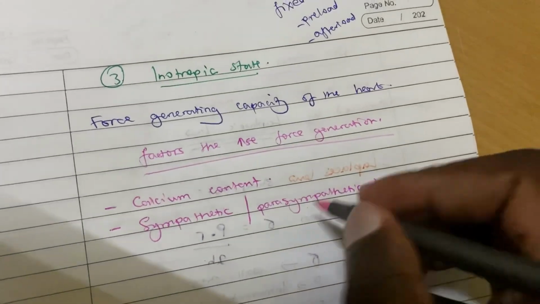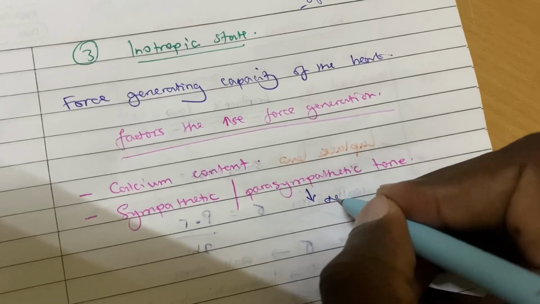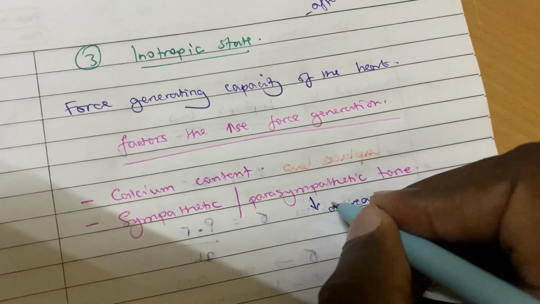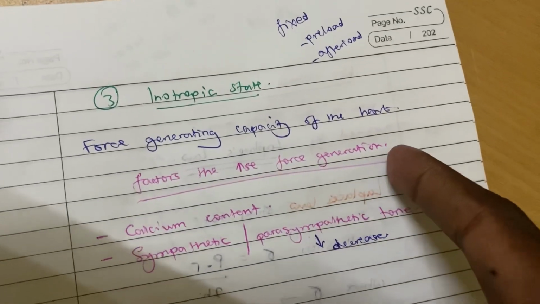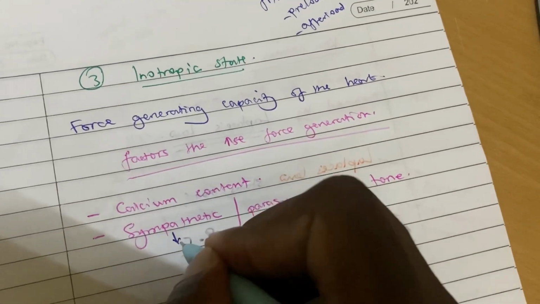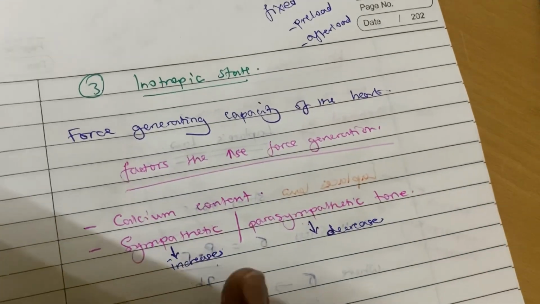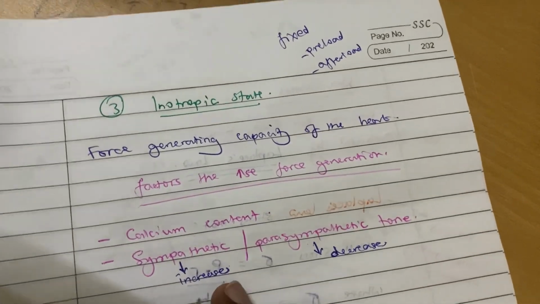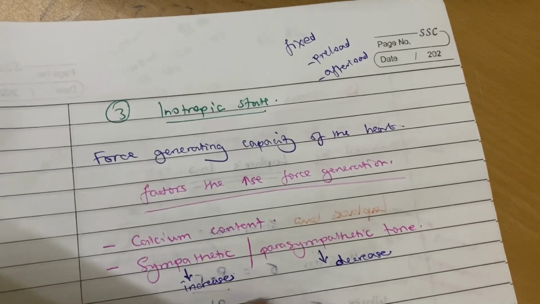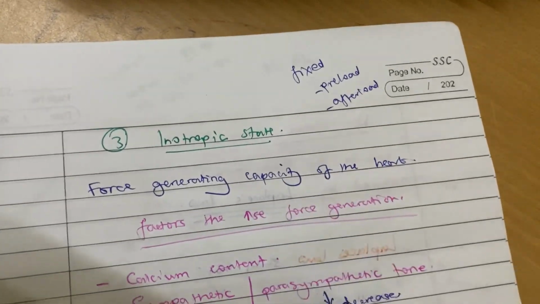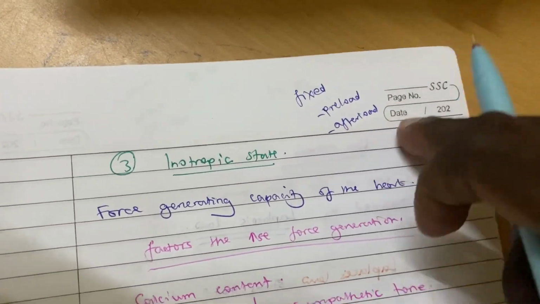See, this one decreases. We shouldn't even be here, because we are looking at increasing, and this one increases. All conditions where the sympathetic nervous system is activated increase the force of contraction, regardless of preload and afterload.